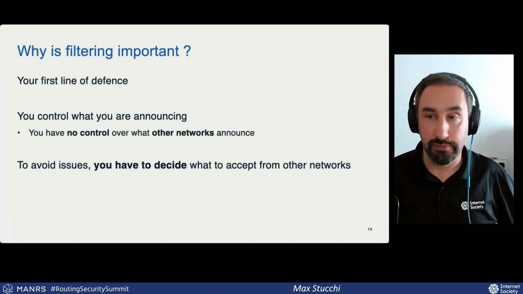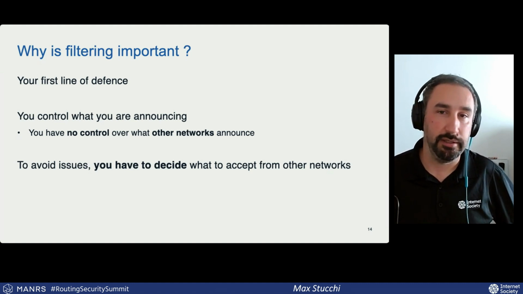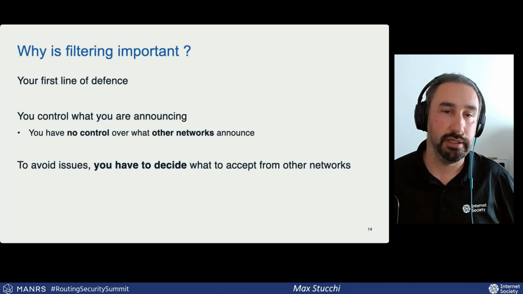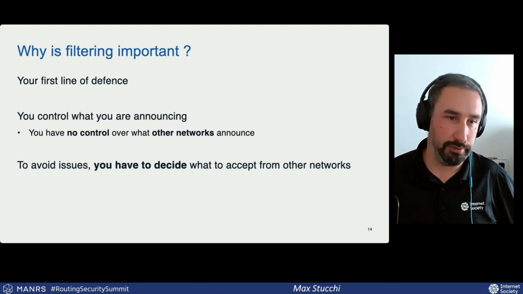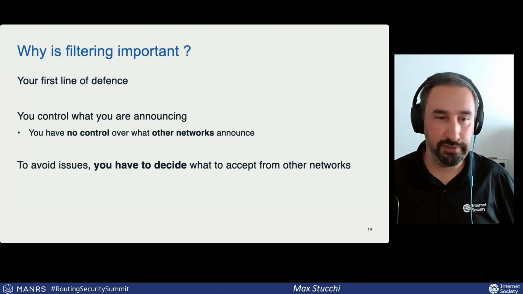And if that network really doesn't have to be there, it might be being used for, I would say, not good purposes. So it's good you are filtering it out.